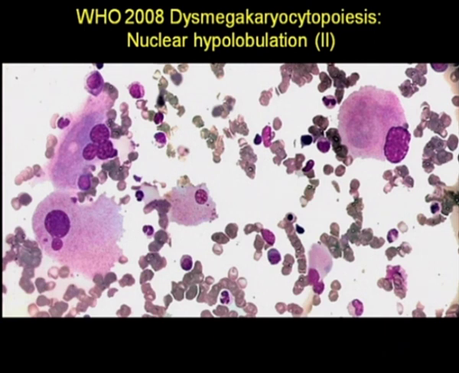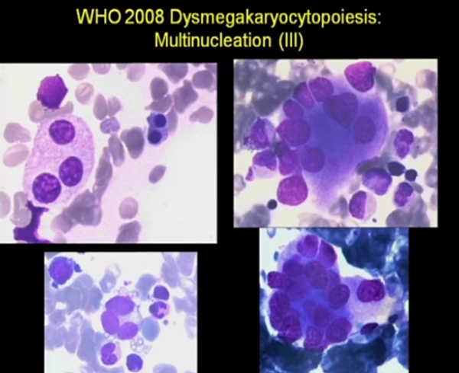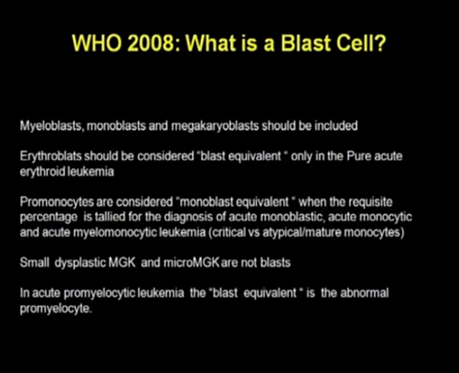Nuclear hypolobulation, if this morphological appearance is the only one, is highly predictive of the presence of 5q- deletion. Multinuclearity: many nuclei in the megakaryocytes.